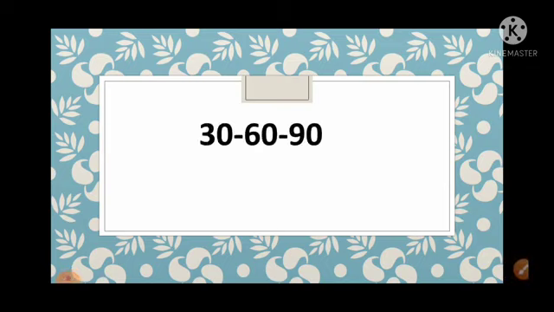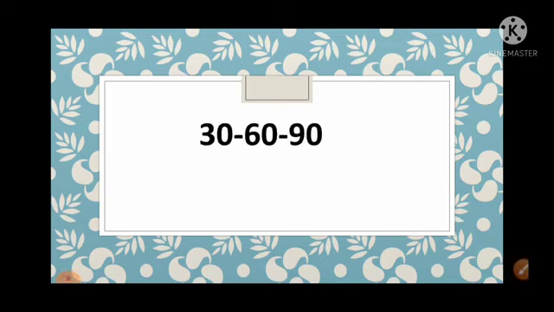30 degrees is the measure of 1, 60 degrees is the measure of square root of 3, while 90 degrees is the measure of 2.